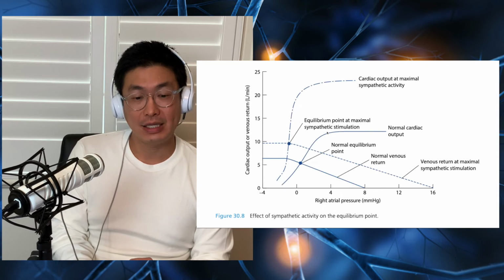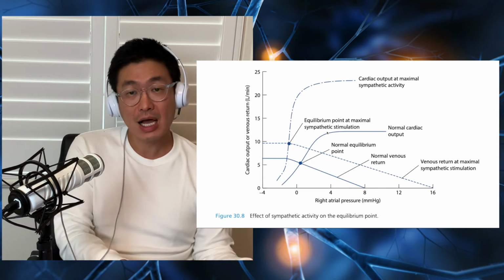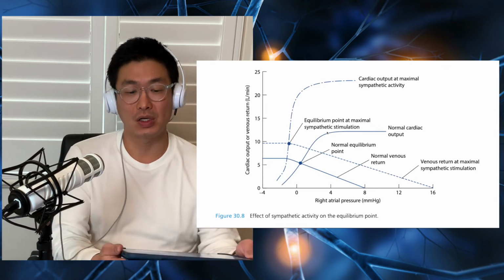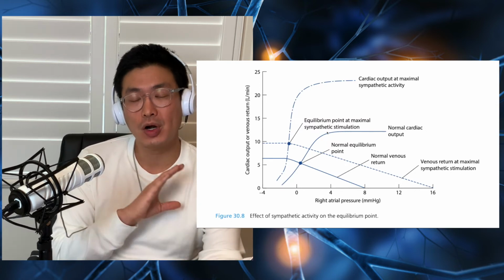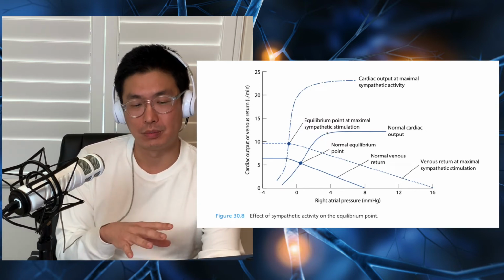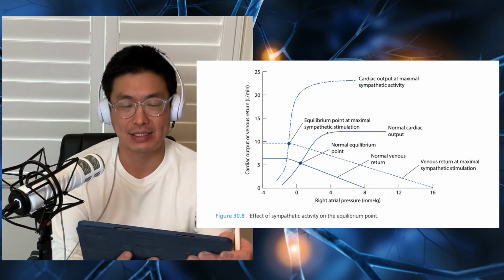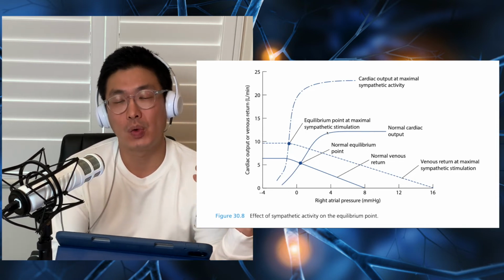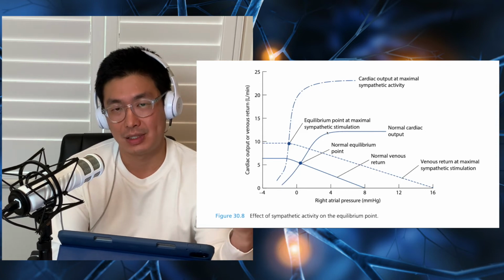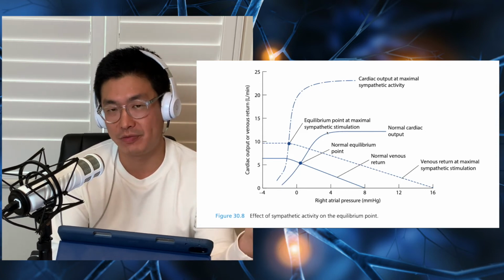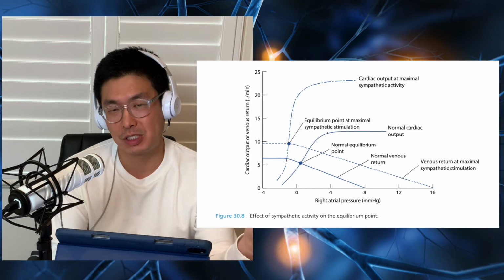And finally, this last graph. So this last graph is interesting because it contrasts to what Pappano drew. And this one here is for sympathetic activity. And so this is not for exercise. And I think that's why there's a little bit of a difference. And I think you can probably spot the difference already.